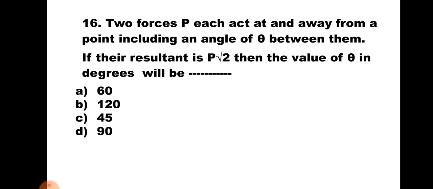Now here P is equal to P, Q is equal to P and R is equal to P root 2. Angle theta is to be found. Substitute all these values of P, Q and R in the formula P square plus Q square plus 2PQ cos theta is equal to R square. You will get the value of theta as 90 degrees. Hence the correct answer is D, 90.